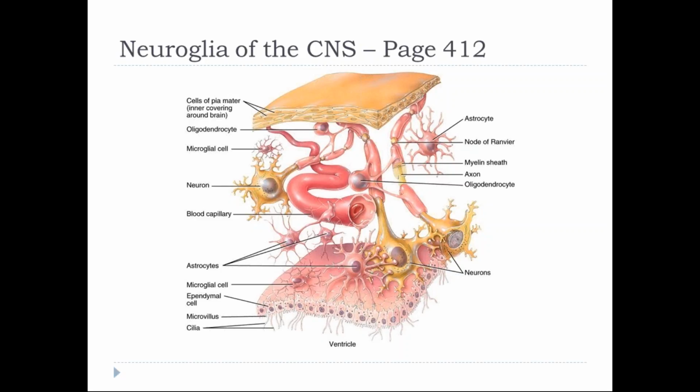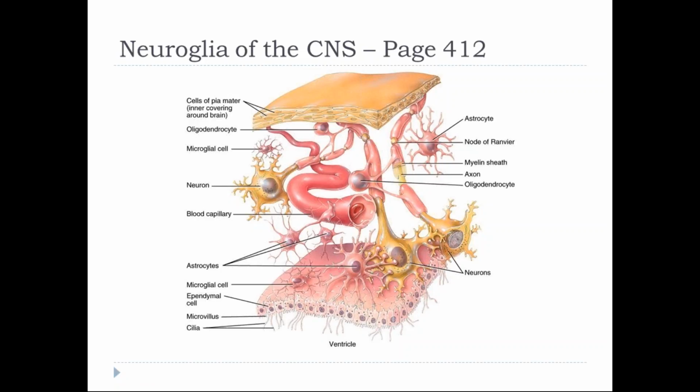Okay, so neuroglia can multiply and divide. They make up most of your nervous system. And the ones in the picture on page 412 in your text are your central nervous system neuroglia. Okay, so in the picture. In that same chart on 412, you also have listed the 2 that are in the peripheral nervous system.